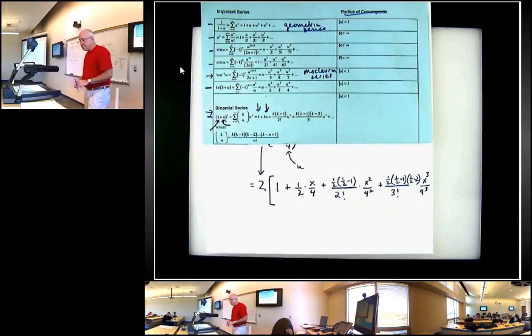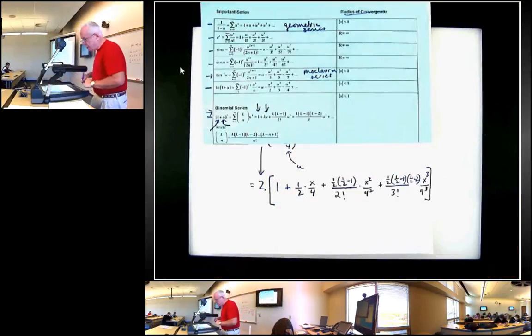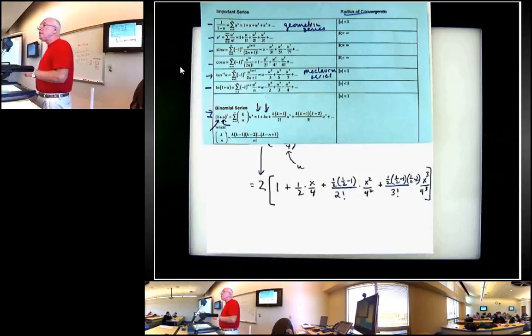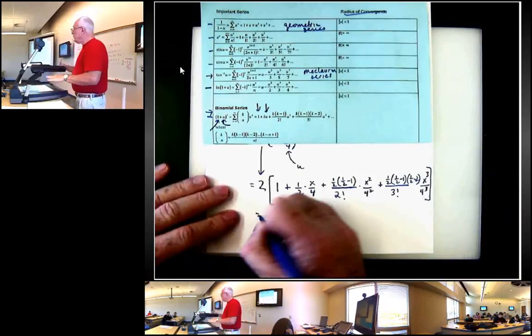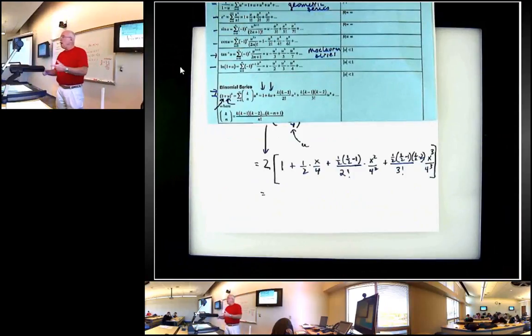All right? Let me close my brackets right here. So the only other thing we need to do is clean this up. But this is our basic format. Before we start cleaning it up, is there a question of just the basic substitution into the formula of the k and the u, the x over 4 for the u?